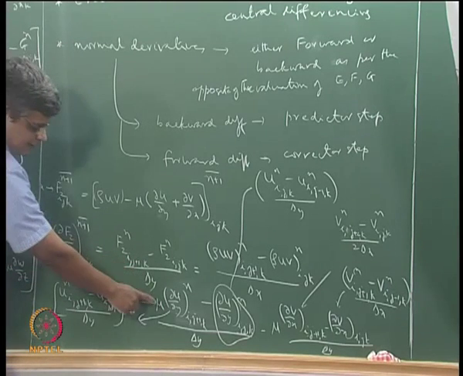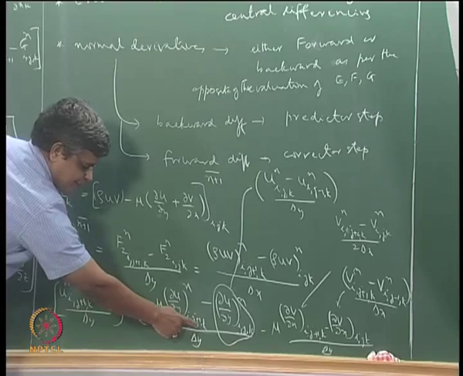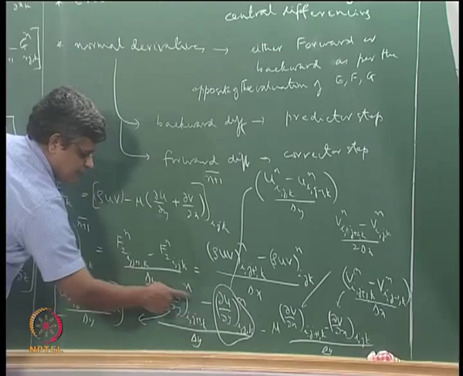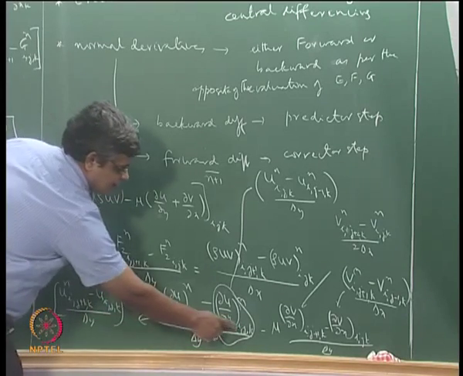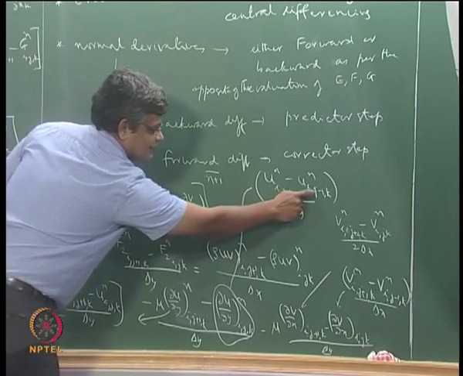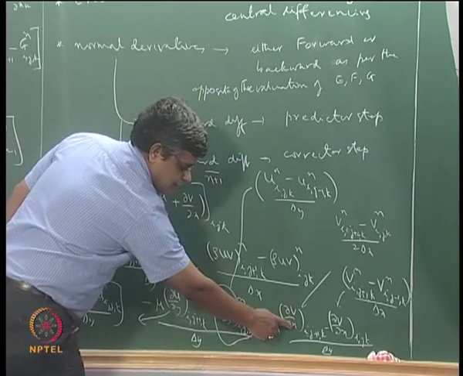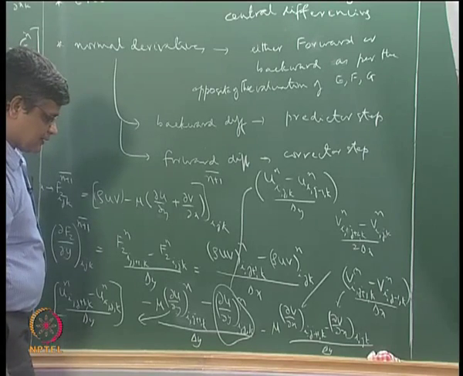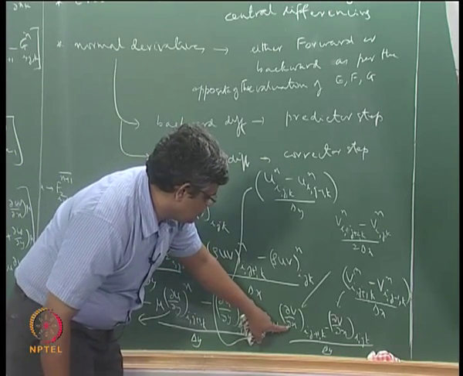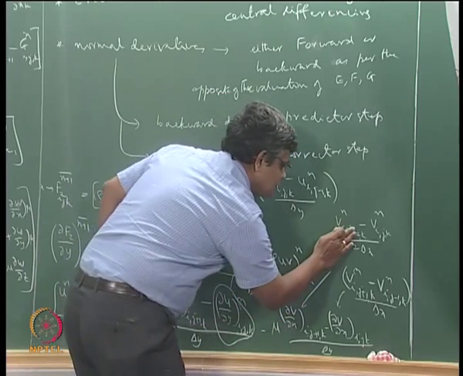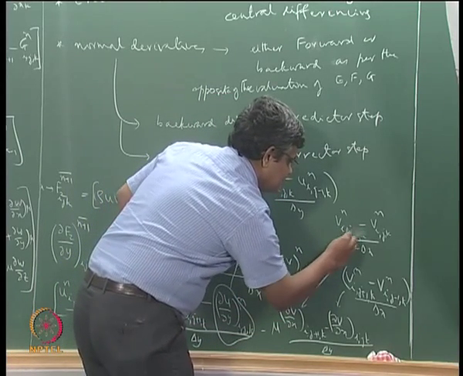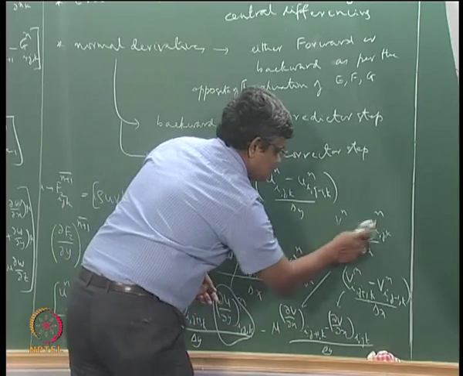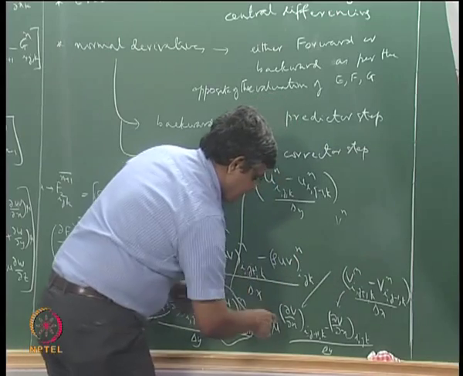So here we are applying backward differencing at j plus 1, that gives us j plus 1 minus j, and here we are using backward differencing at j, and that gives us j and j minus 1, and here we are using central differencing centered around j plus 1. This is dou v by dou x, so this should have been j plus 1 and central differencing around dou v by dou x.